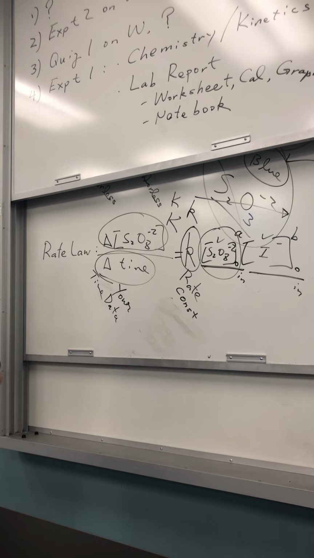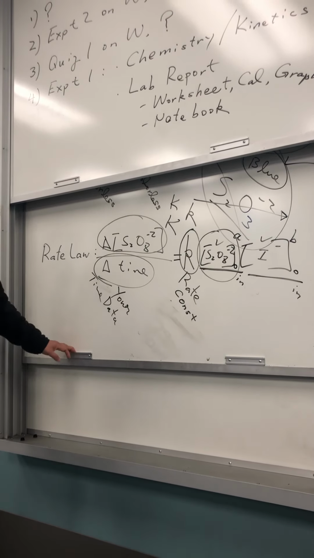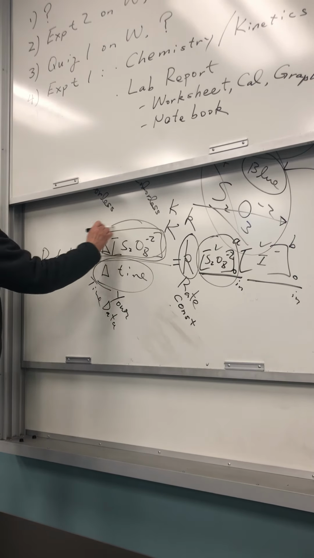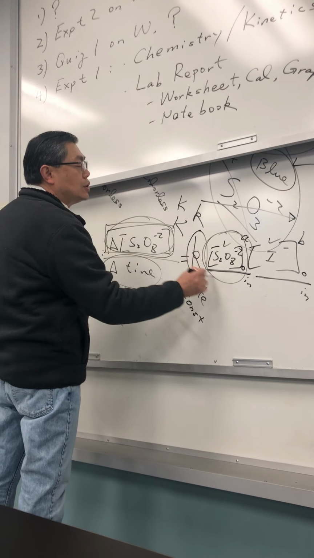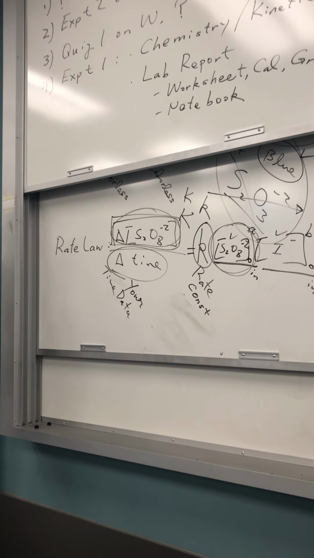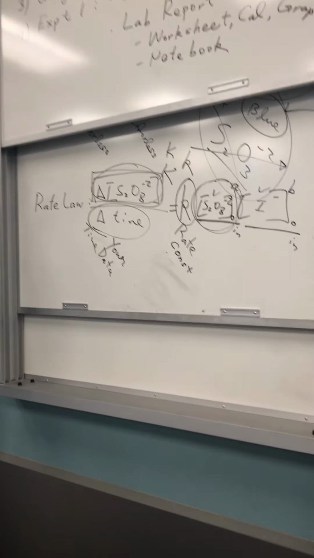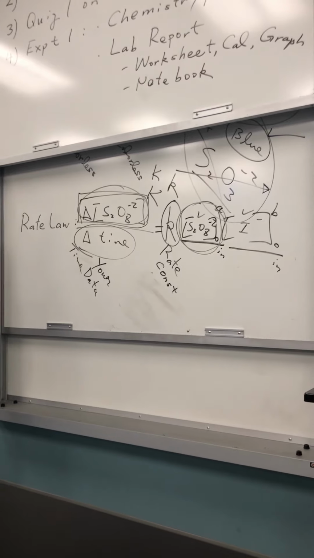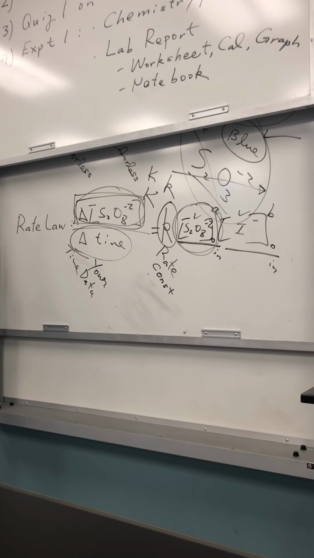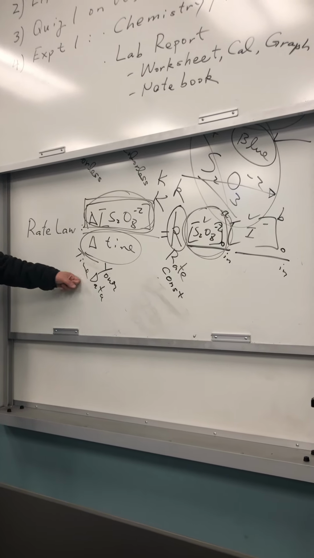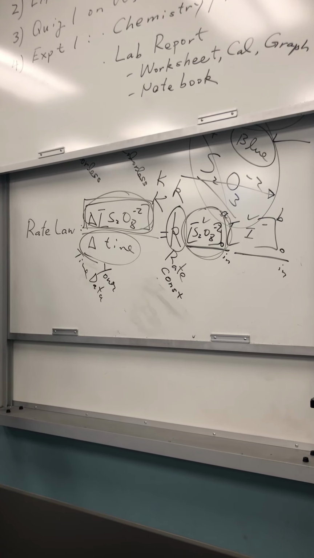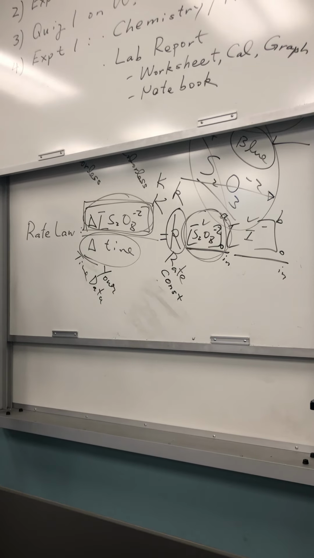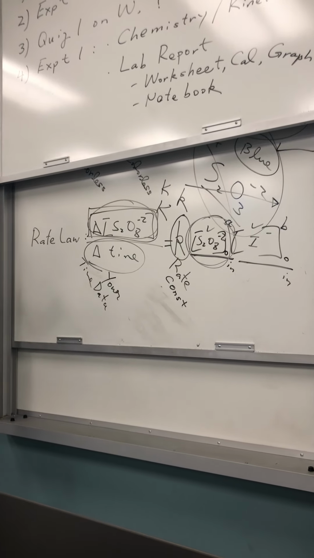So we just said it. Now do not get confused between the change of peroxide disulfate and the initial concentration of peroxide disulfate. So this is what you have at the beginning. This one is how much you use up corresponding to that time. You got me? So how much peroxide disulfate you have used corresponds to that much time.